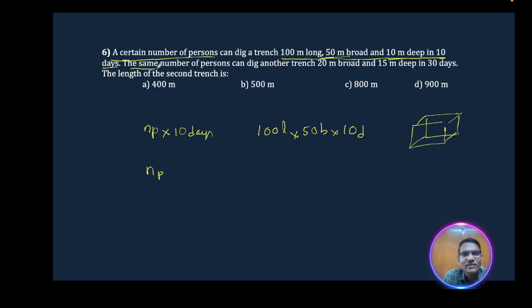Next, the same number of persons, n number of persons, can dig another trench 20 meters broad, 15 meters deep, in 30 days they are working. Okay, 30 days. The question is the length of the second trench. Length I take some x.